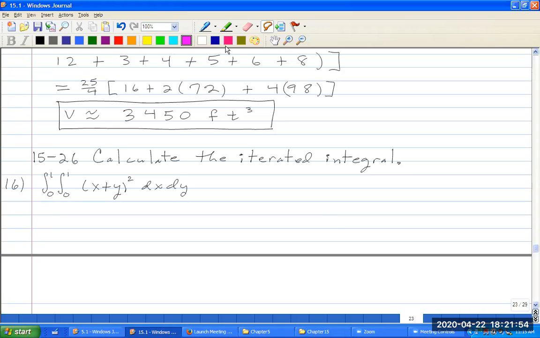Let's first integrate with respect to x. So the integral of x plus a constant squared is 1/3 x plus that constant cubed, evaluated from x equals 0 to x equals 1.